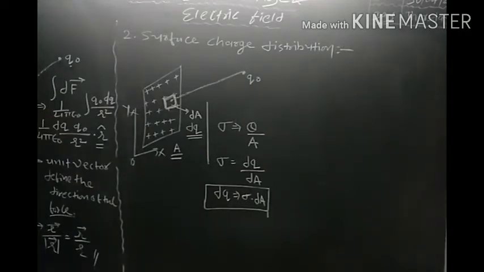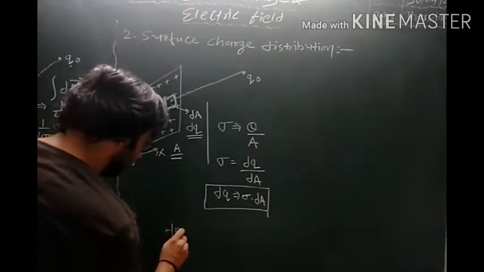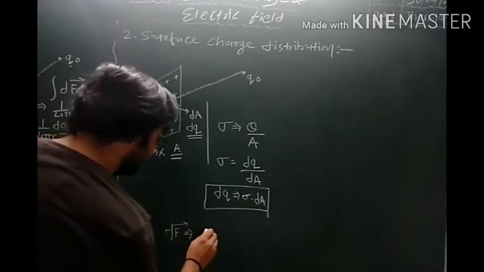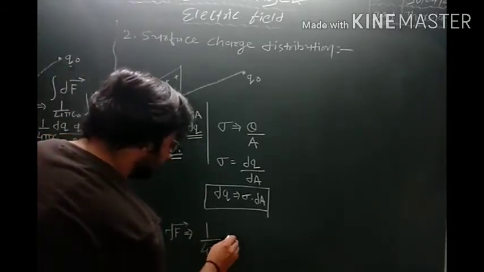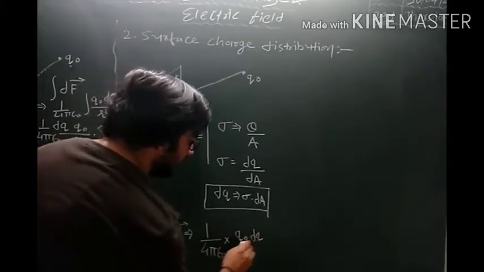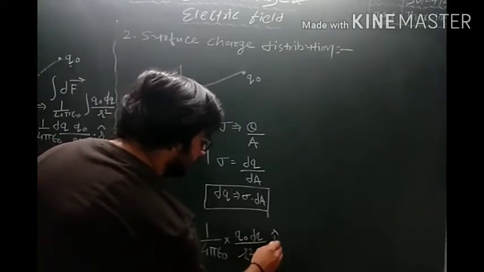Now from Coulomb's law we can write down the force exerted on q naught due to the small charge dq as 1/4 pi epsilon naught into q naught dq upon r square into r cap.